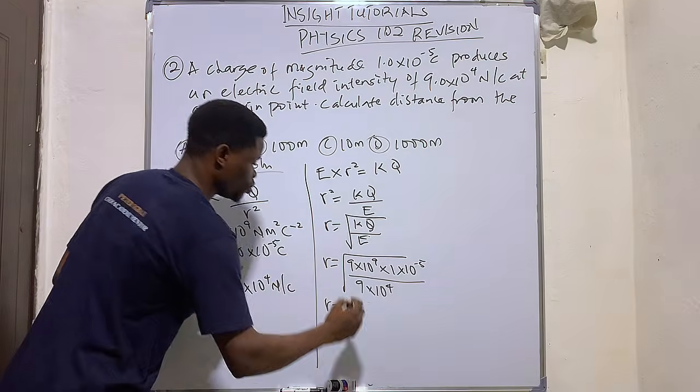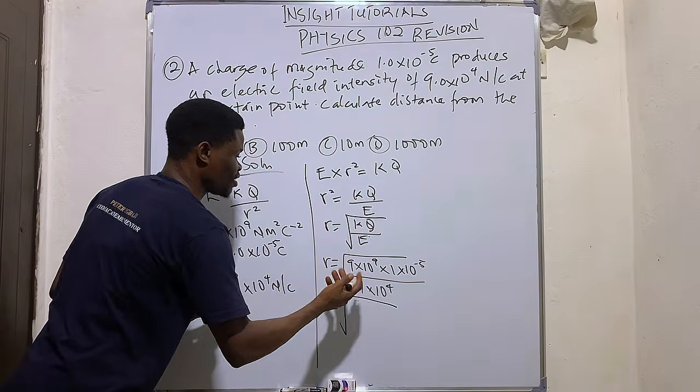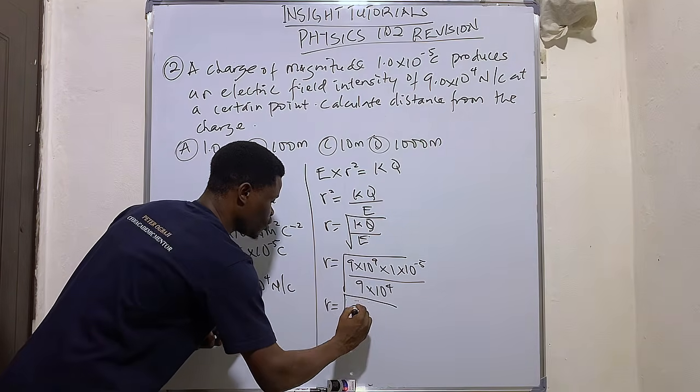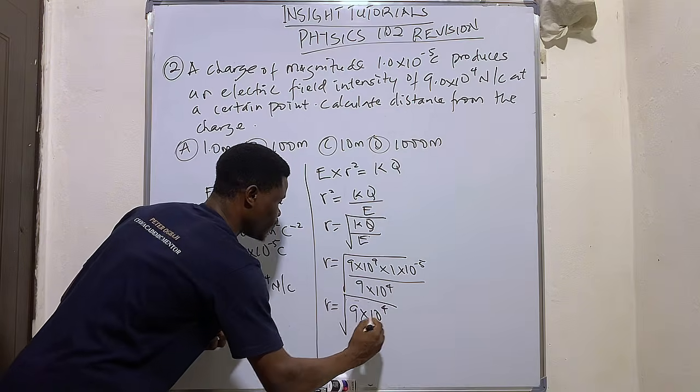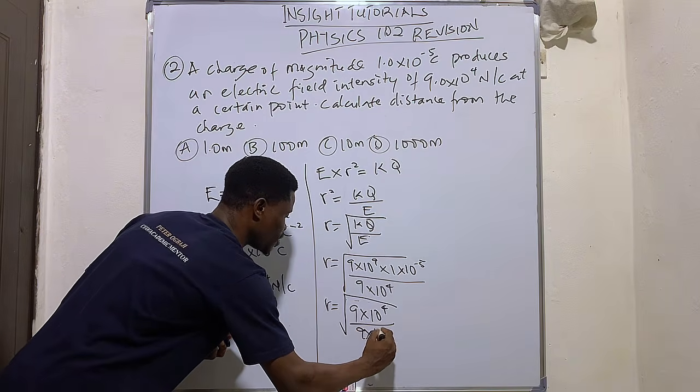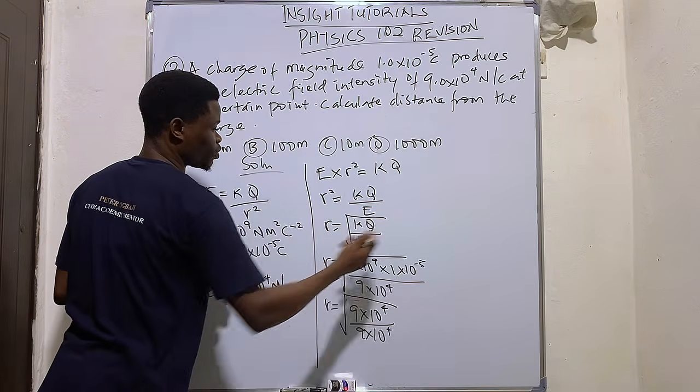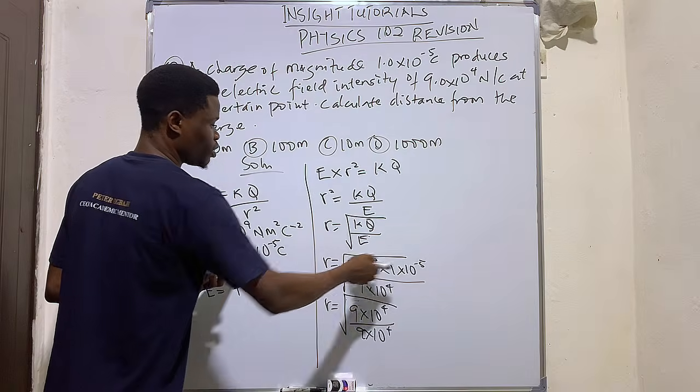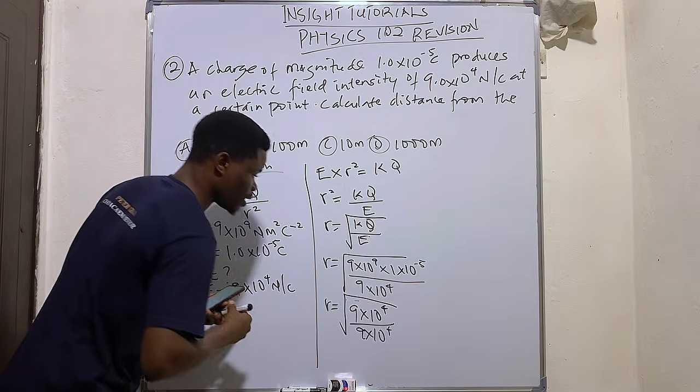If we do that, in essence, it's going to be 9 times 10 raised to the power of 4 all over 9 times 10 raised to the power of 4, because, of course, according to standard form, this will become 9 times 10 raised to power 4.